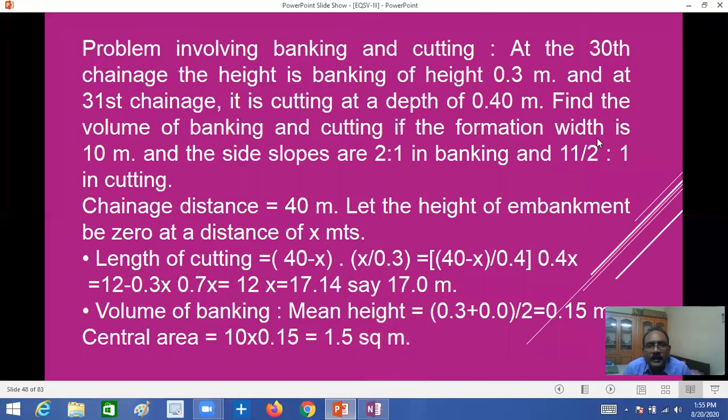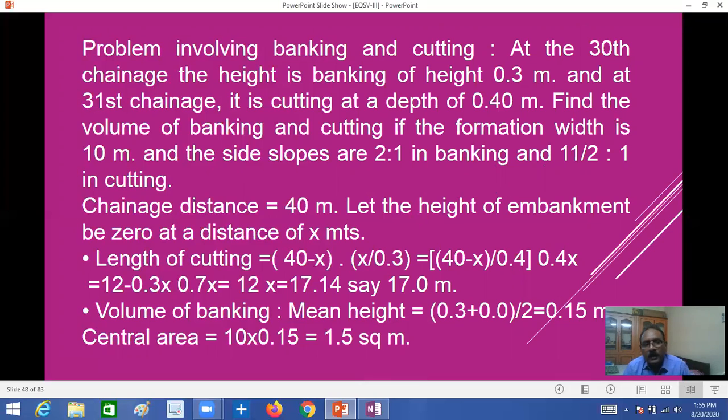This is cutting. Find the volume of banking and cutting if the formation width is 10 meters, and the side slopes are 2:1 in banking and 1:1 in cutting.